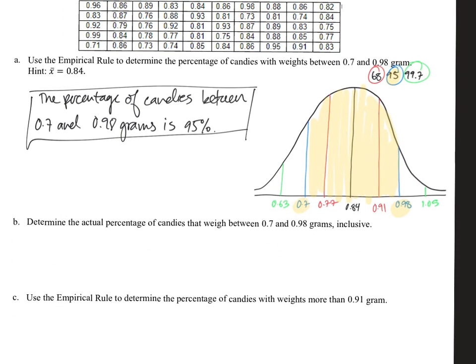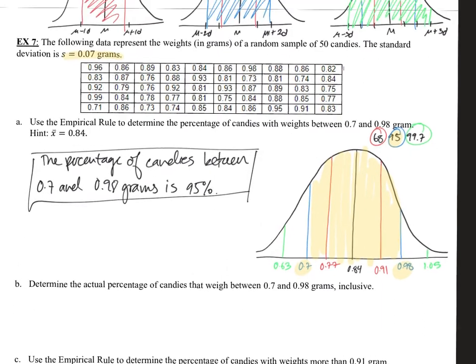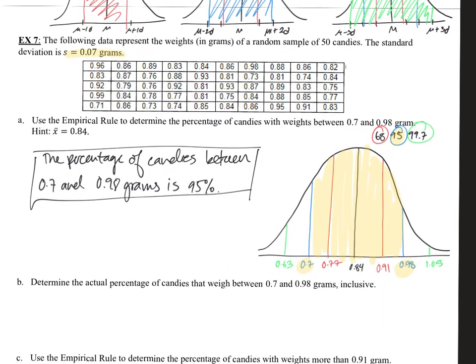So now we're asked to determine the actual percentage of candies that weigh between 0.7 and 0.98 grams. And how do we do that? We're going to count out the actual values here. And we know that there are a total of 50 candies. So the actual percentage is going to be however many are between 0.7 and 0.98, divided by 50. Okay, I'm going to go ahead and count those out.